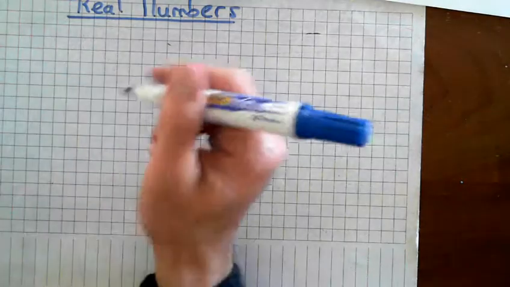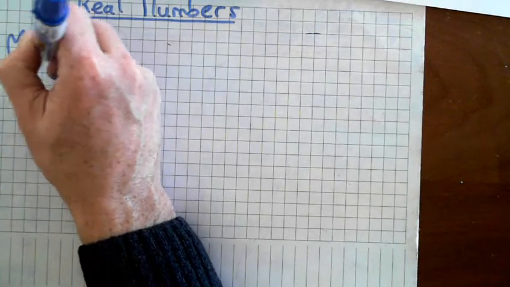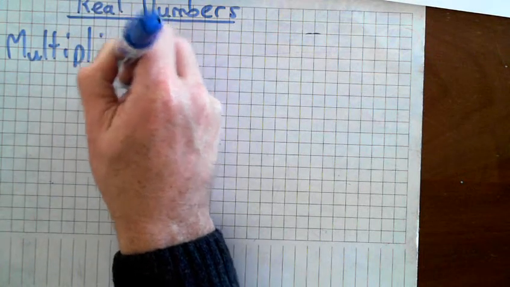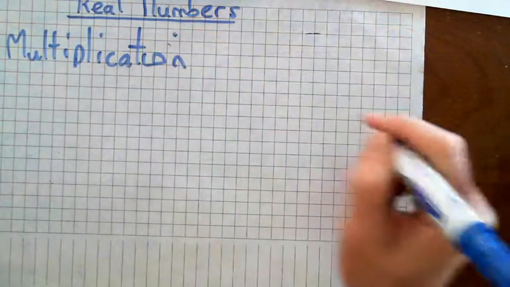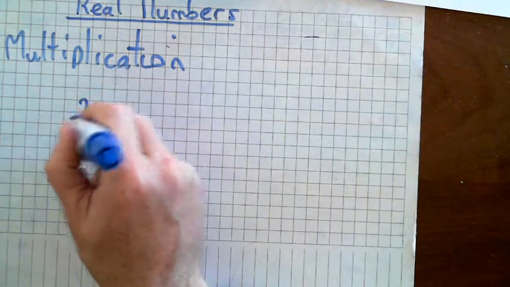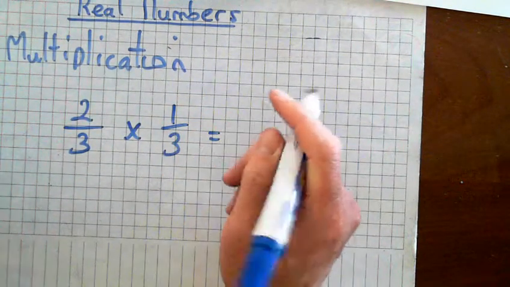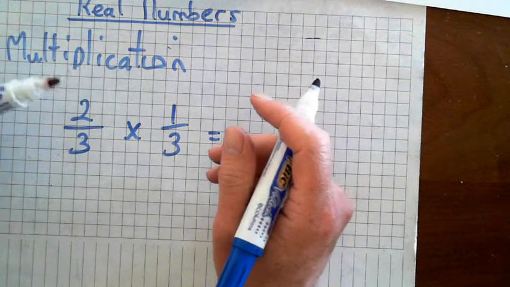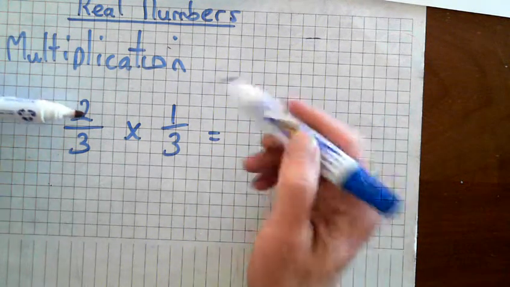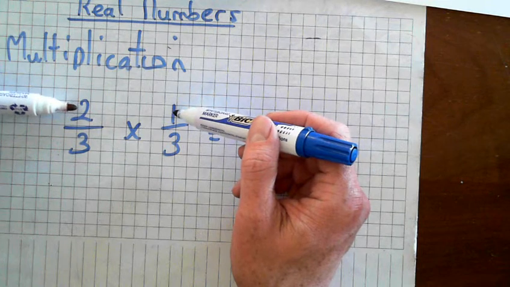Right, now what happens when you go on to multiplication of fractions? So let's say we have 2 over 3 times 1 over 3. It's very simple. Looking up, multiply the numerators. That means the numerators are the numbers on top. So 2 times 1 is 2.